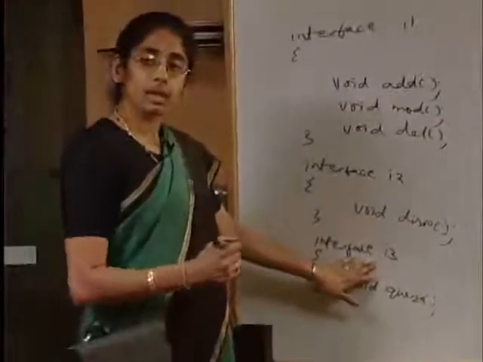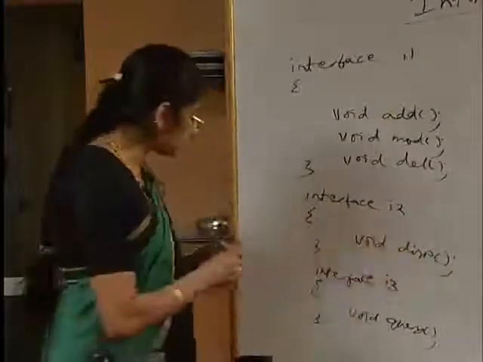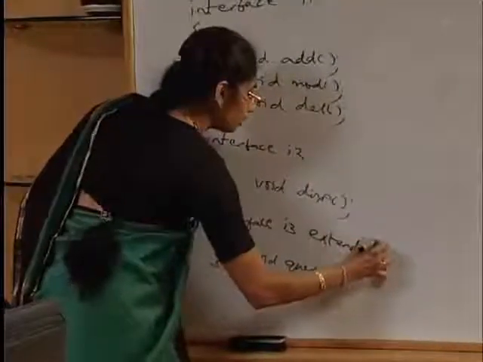An interface can be derived from multiple interfaces. So let's say I3 can extend from both I1 and I2.